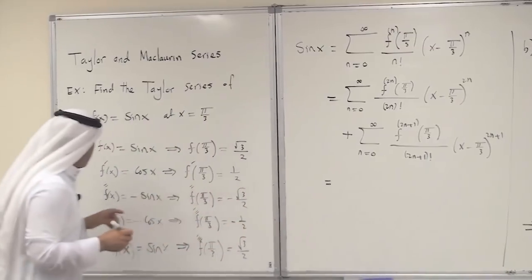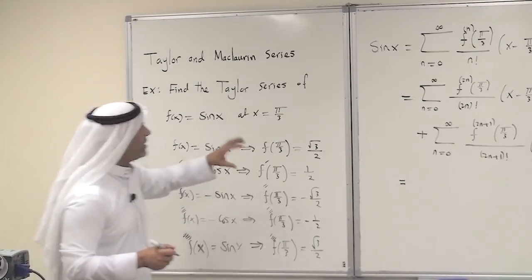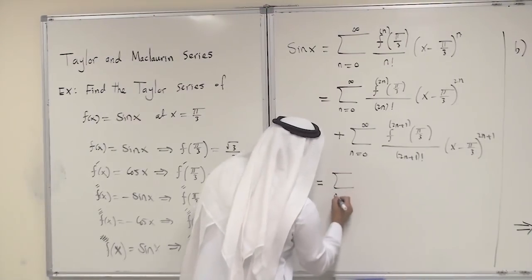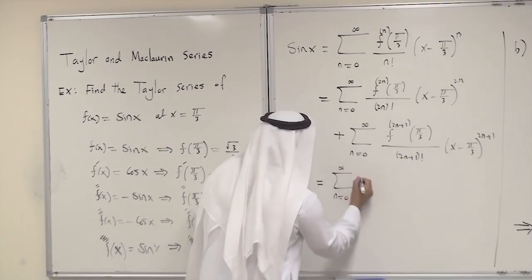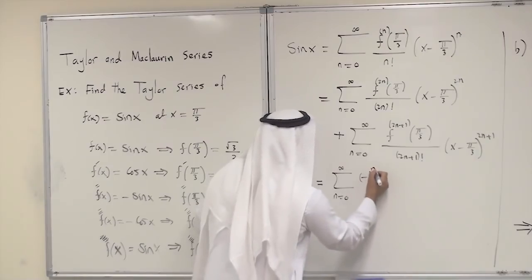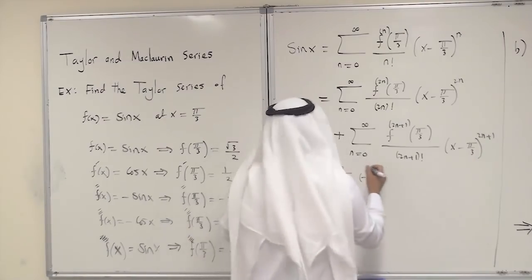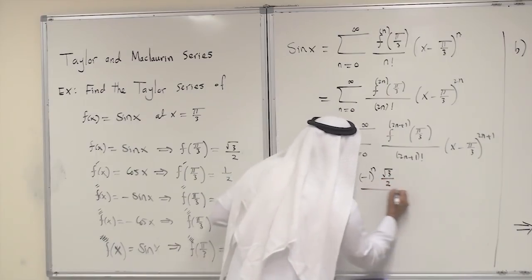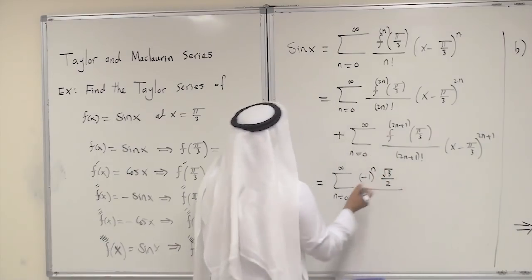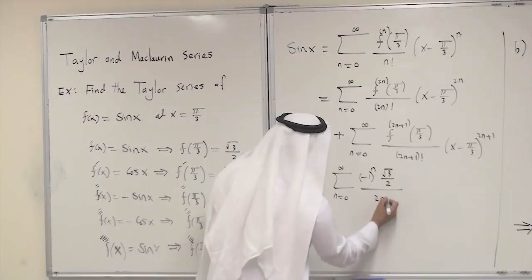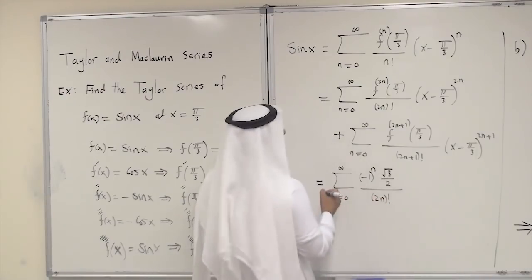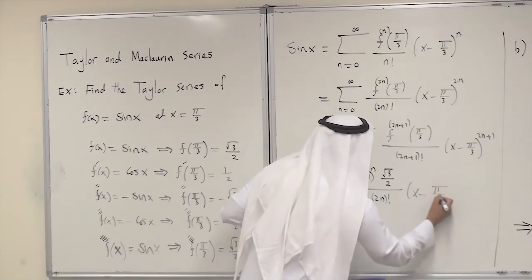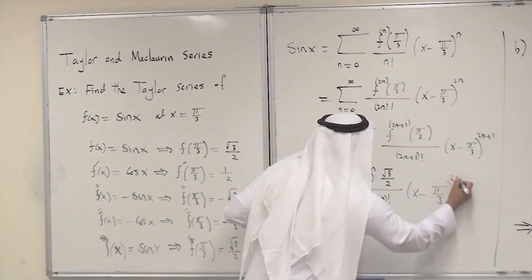Substituting for the even terms, we have always radical 3 over 2 with a minus sign alternating, so this is the sum from n equal to 0 up to infinity of minus 1 to the power n, times radical 3 over 2, divided by 2n factorial, multiplied by x minus pi over 3 all to the power 2n.